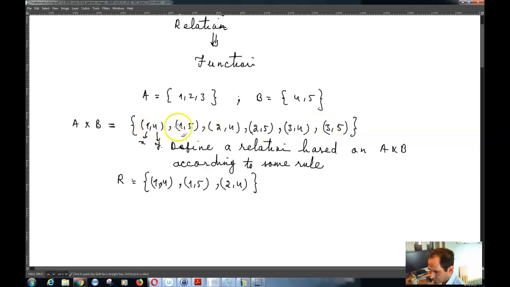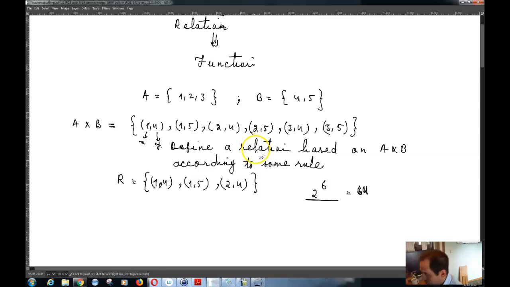For example, if you have 6 ordered pairs over here, the total possible number of subsets of this set would be 2 raised to the power 6, which is 64. So you can have 64 different subsets of this set. Each of those 64 subsets would practically be a relation.